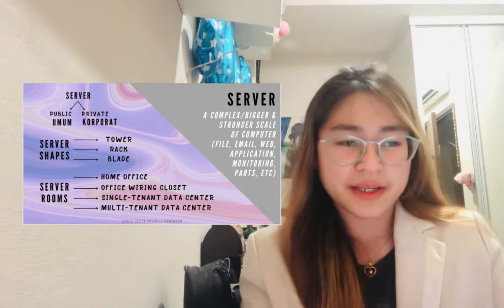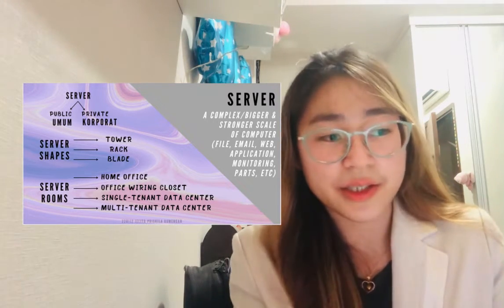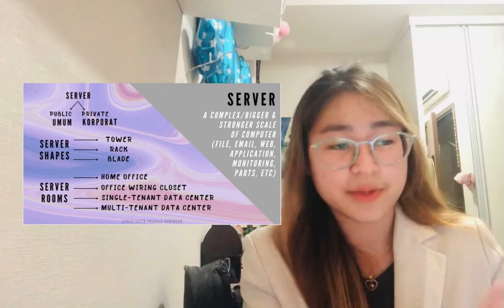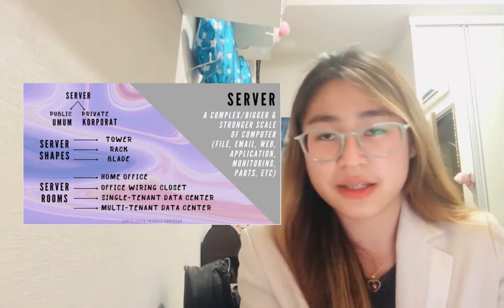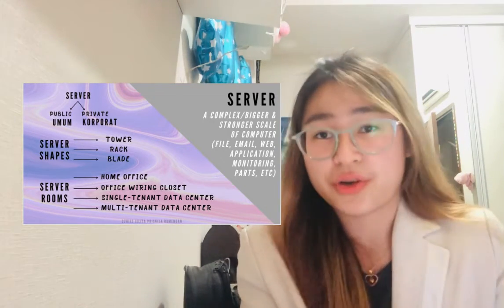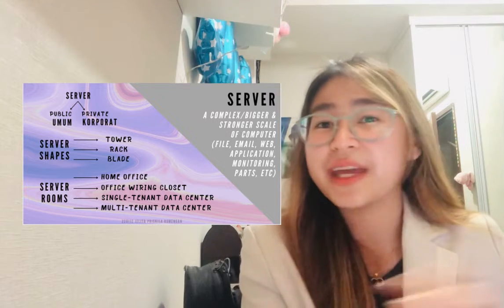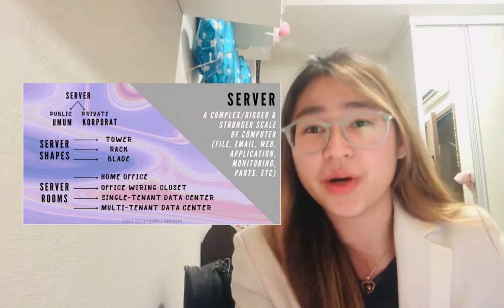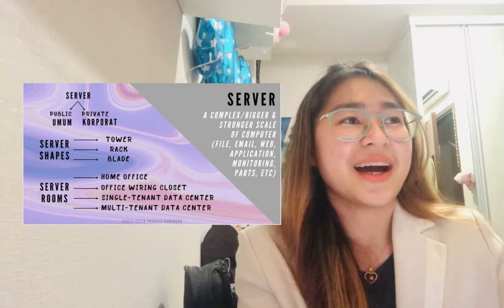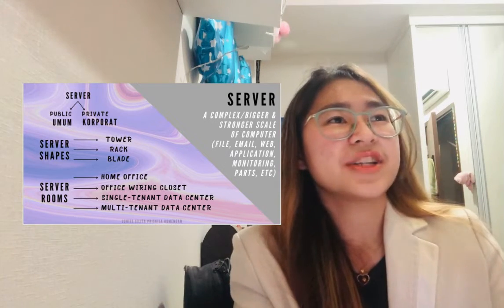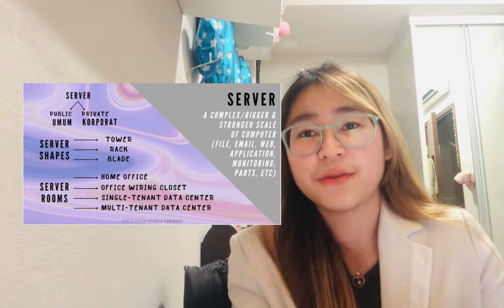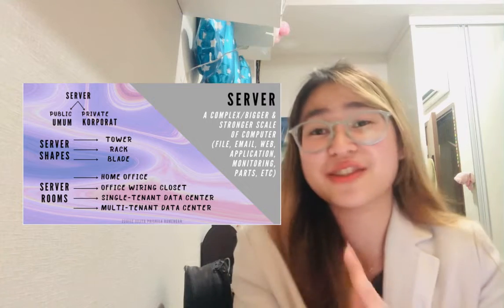But it is different for the multi-tenant data center, the fourth type of server room. In a multi-tenant data center, the space is not yours. You just rent it, so you cannot modify the room as you want. You can only adjust the server to fit the room, not the room to fit the server.